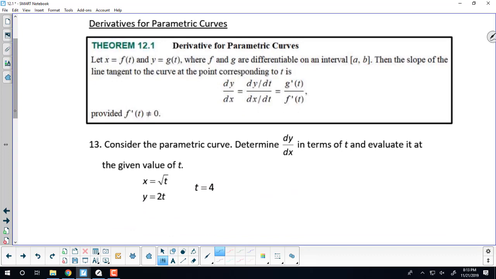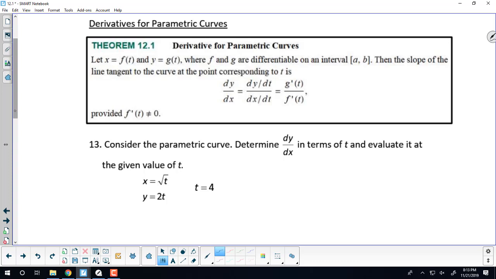When you get into Calc 3, you'll parameterize a few things, and in theory, it makes things easier to deal with, but you will be integrating with respect to the parameter, taking the derivative with respect to the parameter, and it's pretty logical as far as how that's done.